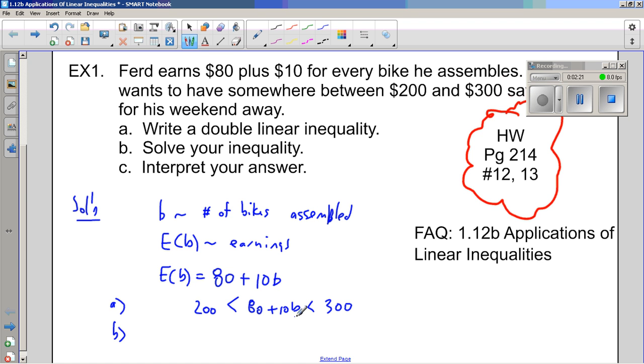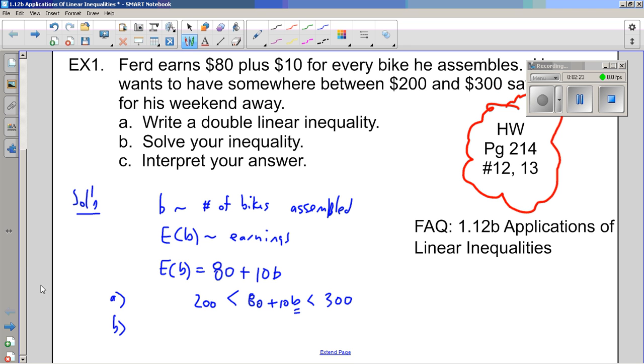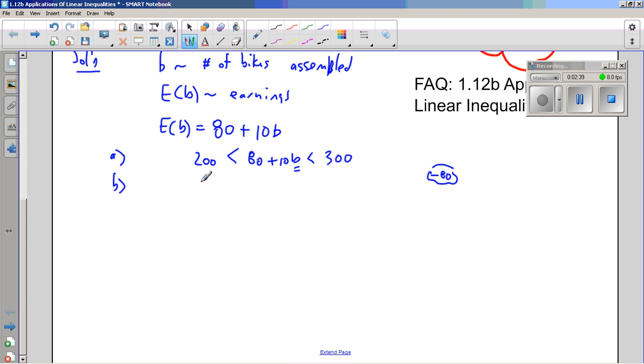Well, how do I solve it? I want to get B alone, so subtract 80 from each of the parts. Can I subtract 80 without changing the directions of the signs? Yes, I can. Remember, the direction of the sign changes only when I'm multiplying or dividing by a negative. So I'm going to subtract 80 from each of these pieces.